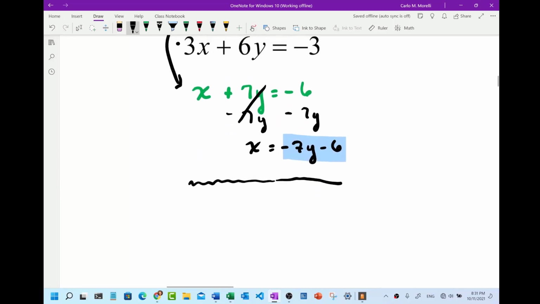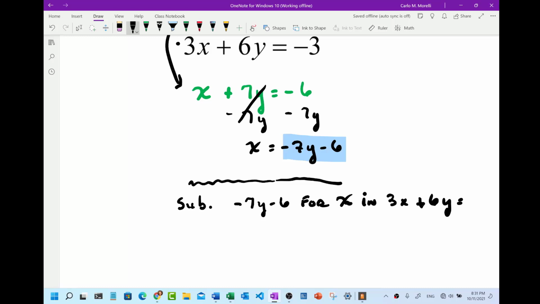And we can say that we're going to substitute negative 7y minus 6 for x in 3x plus 6y equals negative 3.